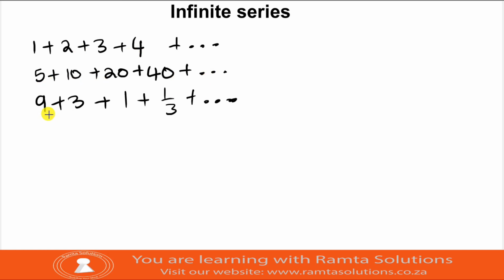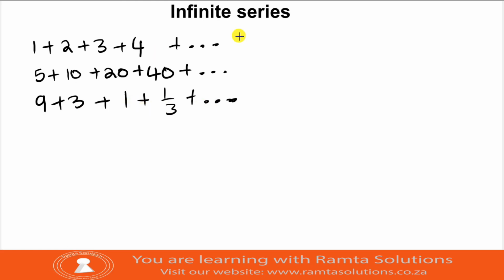But when you look at the third one, when your number of terms increases, you realize that this somehow has stopped. I'm approaching a certain number. As we increase the number of terms, you realize that this series is getting closer and closer to that number.